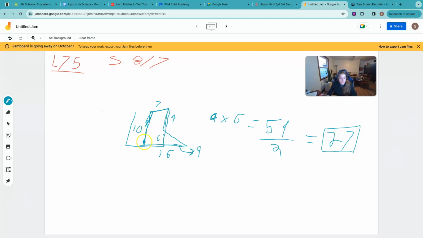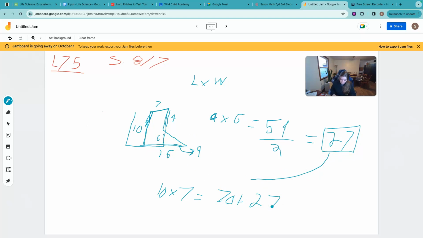So 10, remember, base times height, length times width, that's the formula for area. So length times width. So we have 10 times 7. And we don't have to say half because it's a rectangle. 70. So now we're going to take 27, the area of this triangle here, and add it to 70.